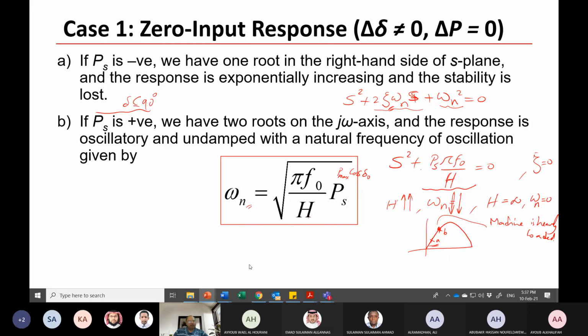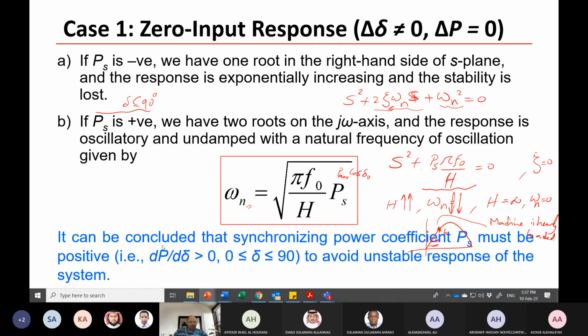But when the machine is heavily loaded, then the oscillation frequency is lower.